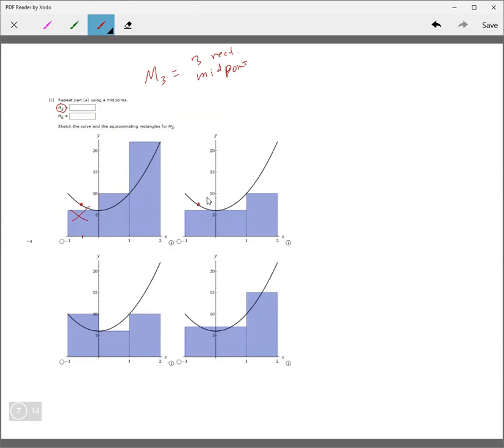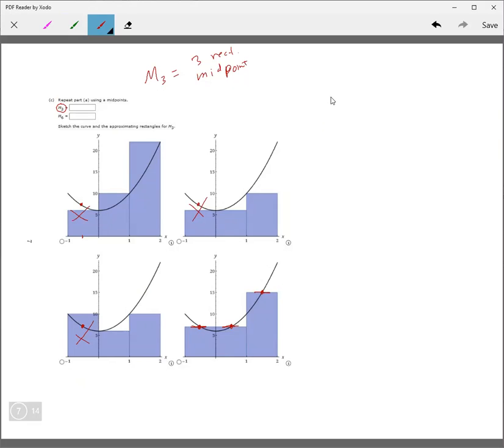This one is not using the midpoint either. This one's not using it either. So yeah, this one is. This first rectangle is using the midpoint. This rectangle is also using the midpoint, and this rectangle is using the midpoint. So all the rectangles are using the midpoint.